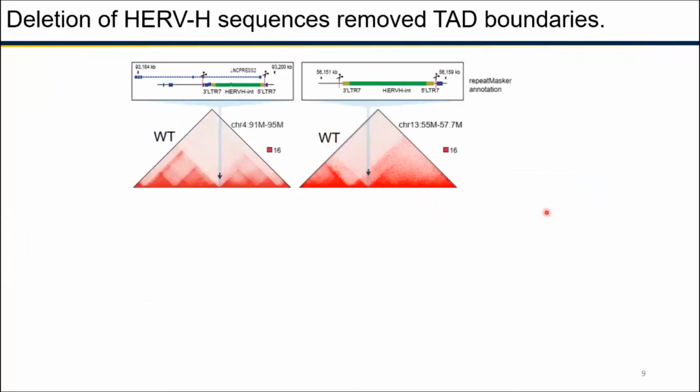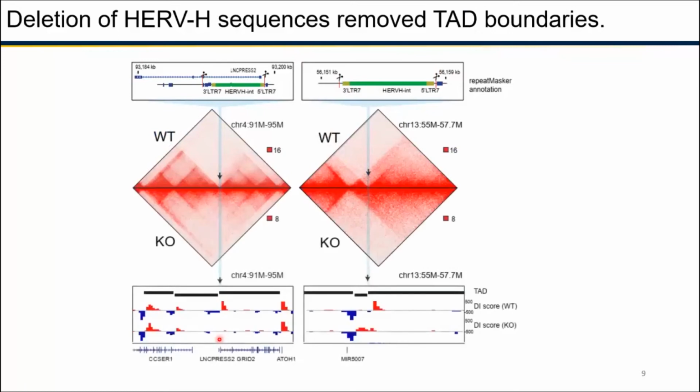To first confirm that HERV-H truly is responsible for these ES cell positive TAD boundaries, we deleted 2 different HERV-H sequences in the genome using CRISPR. In both cases, the TAD boundaries were gone after deletion of HERV-H. This is shown by the change in the contact matrix and also in the directionality index scores.